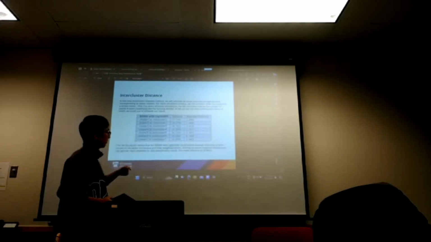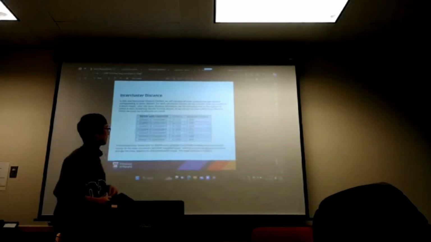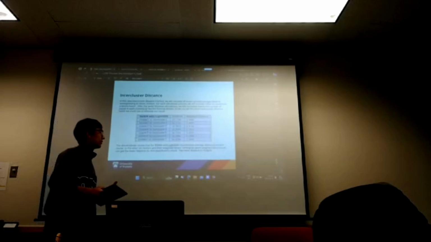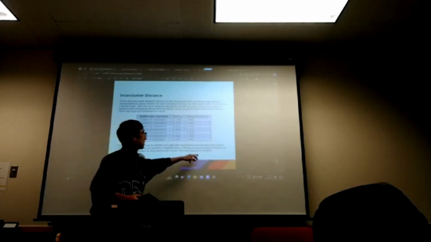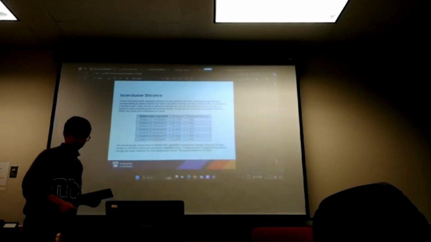For BGMM, the classification result of BGMM, the mean distance is this one. We will compare this value and find the largest one.